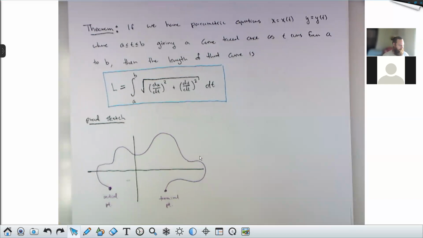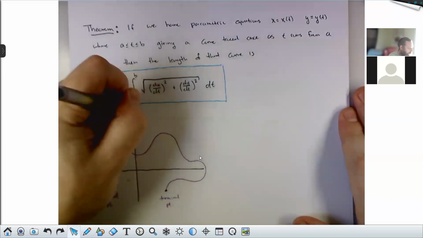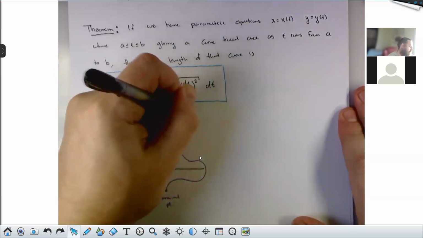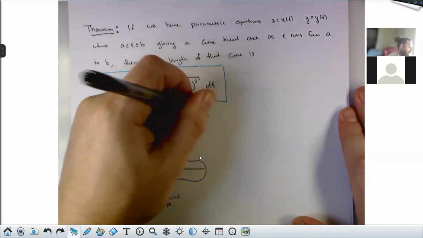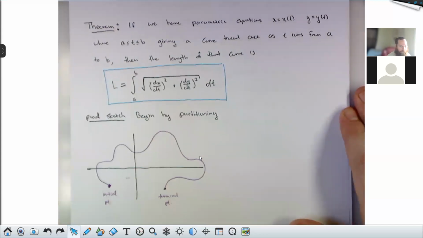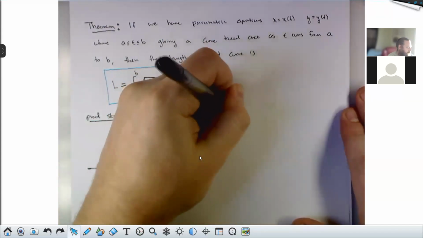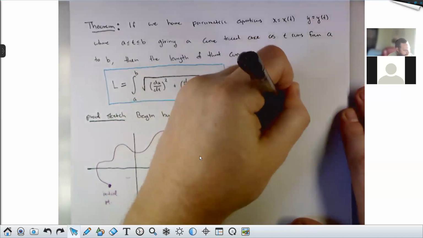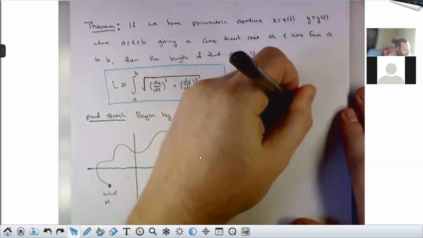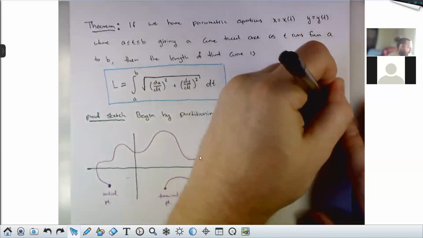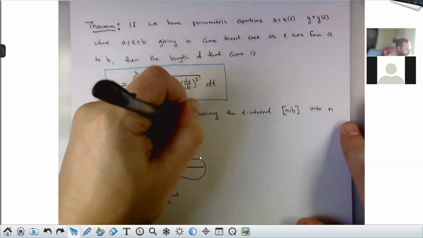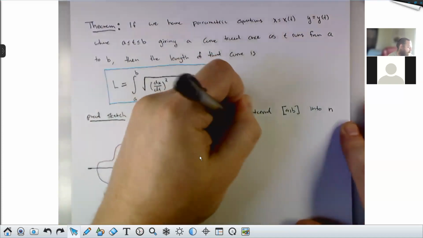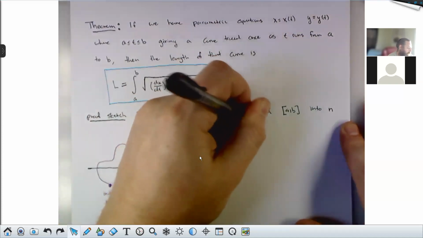The way we do this is we begin by partitioning, meaning chopping up or splitting up. We begin by partitioning the t interval, that's the interval from a to b, into n equal length subintervals.